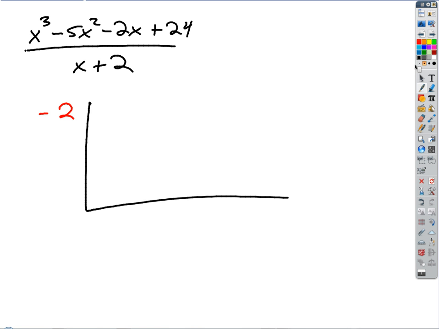If we write the denominator in the form x minus k, then what would k be? So this is x plus 2, so it'd be x minus -2. Maybe the easier way is to just set the denominator equal to 0 and solve. Right, so if I set x plus 2 equal to 0, x equals -2. So that's k.